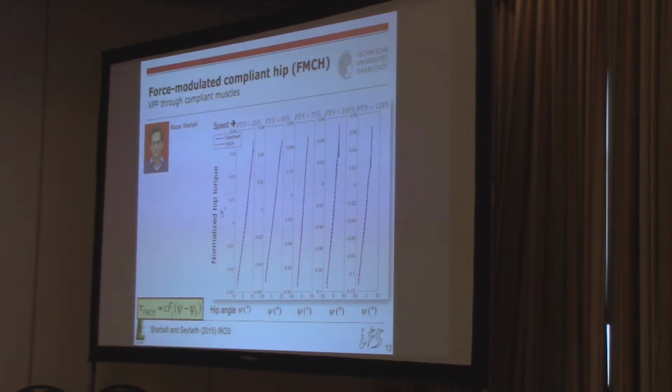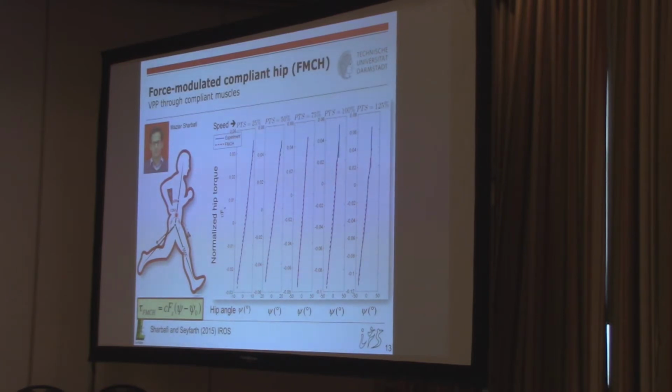These are different speeds that you can see. For example, here is 0.5 meter per second, which is the same speed or even lower than the speed that we did with the Parkinsonian patients. This shows that it is linear. Then here, if you divide tau by F, you can also have the linear relation. It shows that the VPP concept is working based on human experimental data.